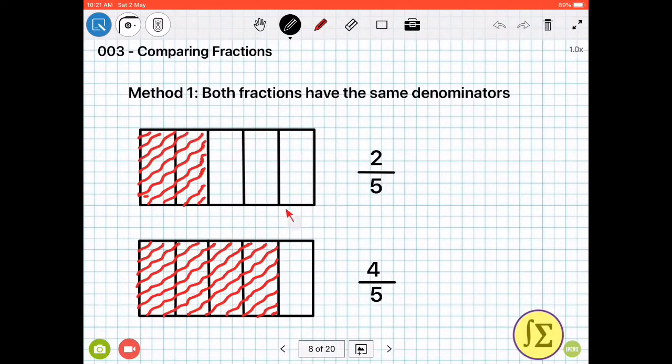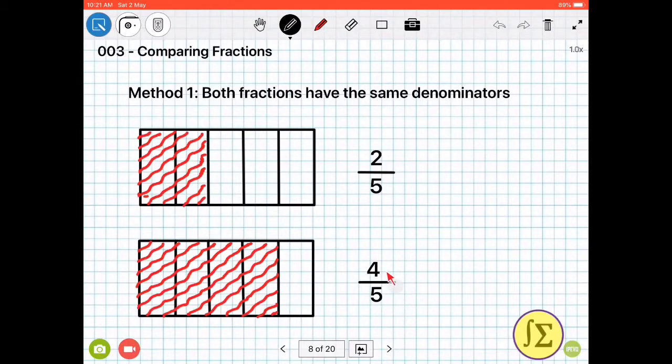As you can see, the first fraction, 2 over 5, has a smaller shaded area compared to the other fraction, 4 over 5, which has a larger shaded area. That means the fraction 4 over 5 is larger than the fraction 2 over 5. So when two fractions have the same denominator, in this case 5, to determine the larger fraction, all you have to do is look at the numerator.